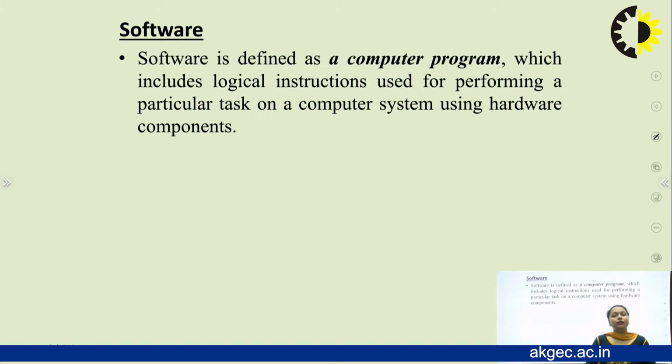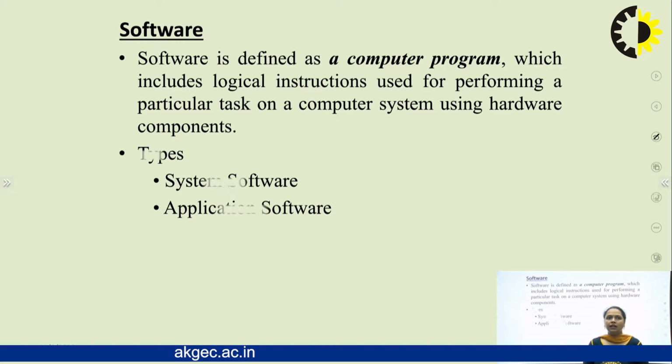Now, a computer comprises two things, that is software and hardware. Within this lecture, I am going to discuss the software part. Software is defined as the set of computer programs which includes all kinds of logical instructions. We can categorize software as system software and application software.